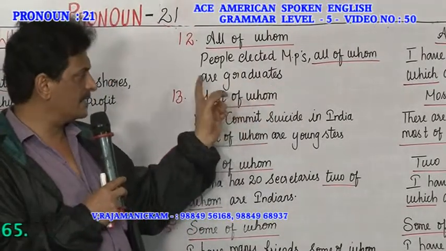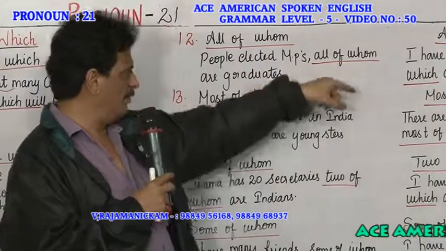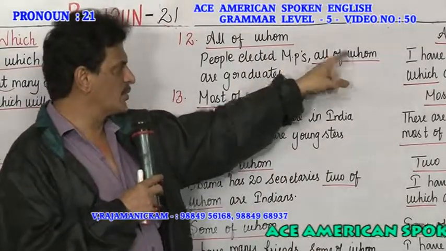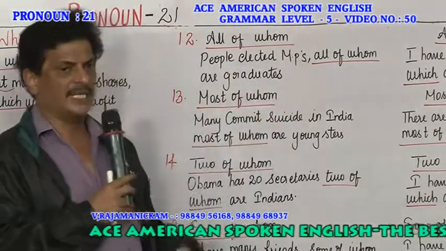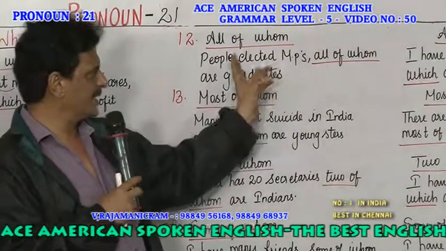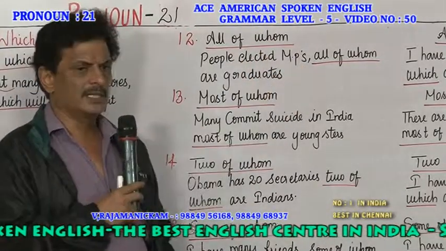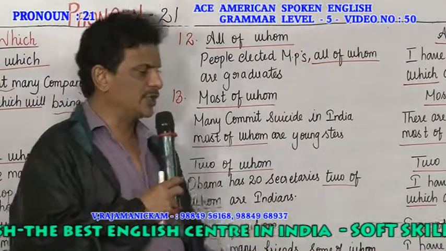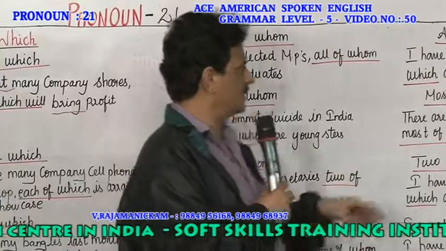Here are is the verb. So people elected MPs, all of whom are graduates. This whom stands for MPs, and this depends upon the full sentence, so it is a complex sentence. People elected MPs, so MPs you mention with whom, all of whom, since MPs are objects.